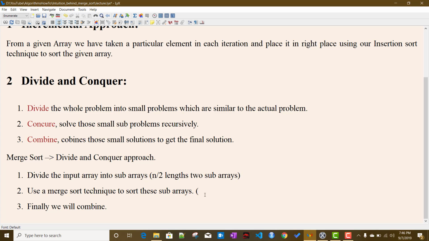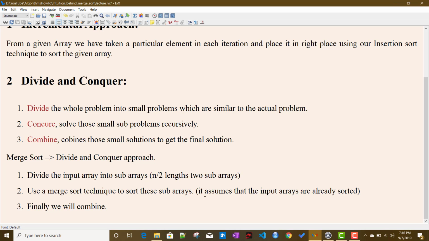So merge assumes that the input arrays are already sorted. That's the requirement for this one.